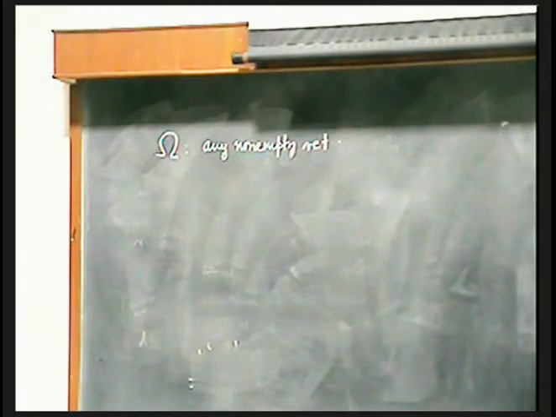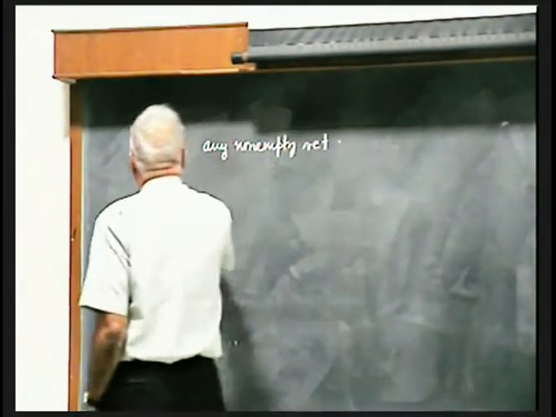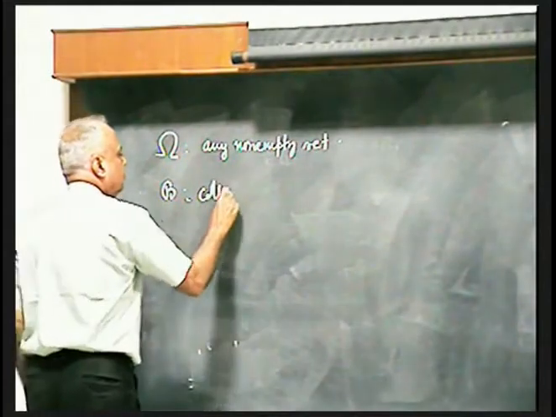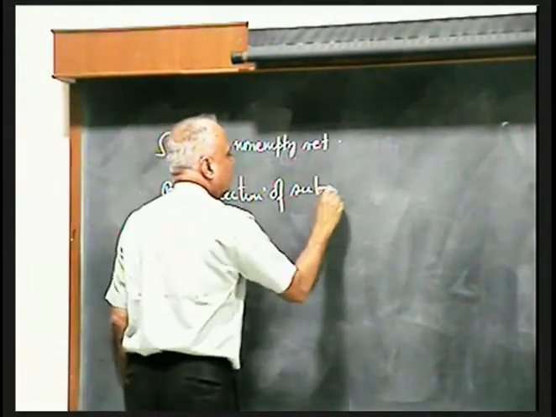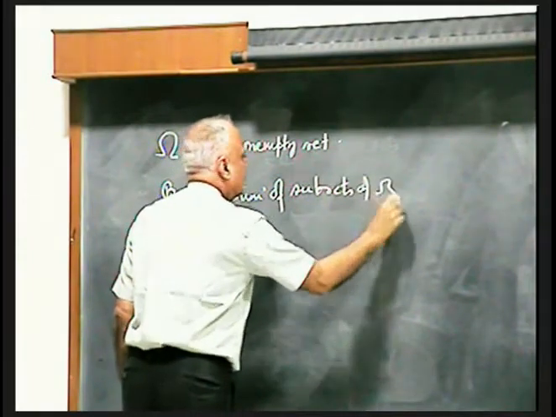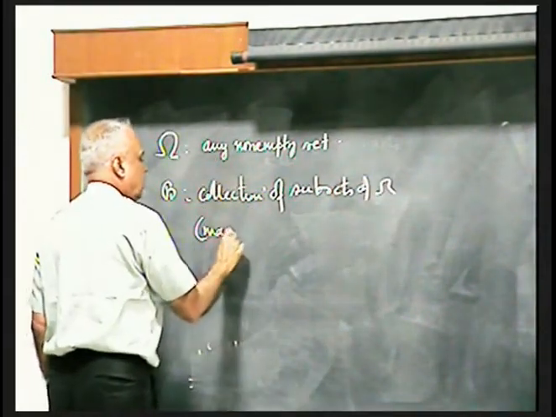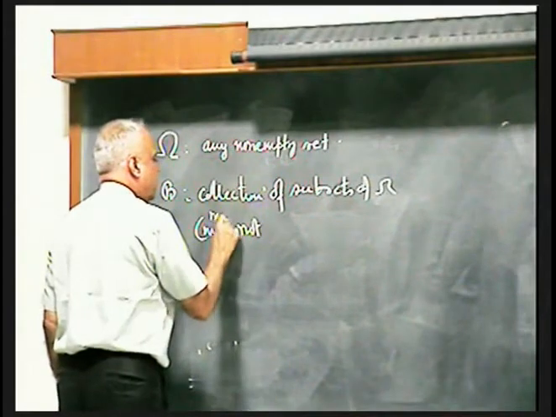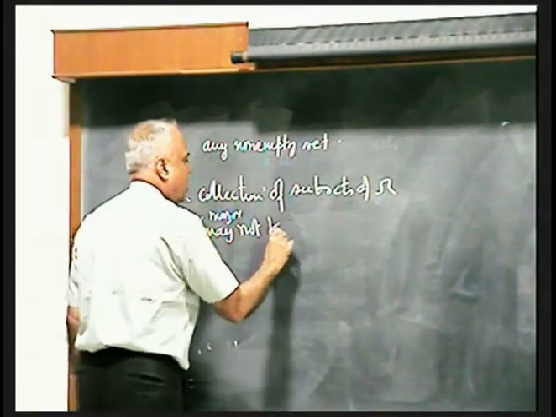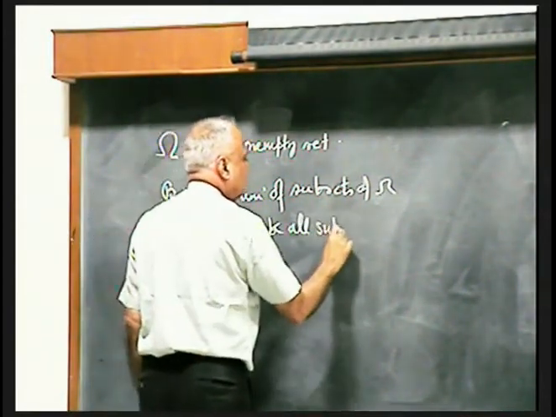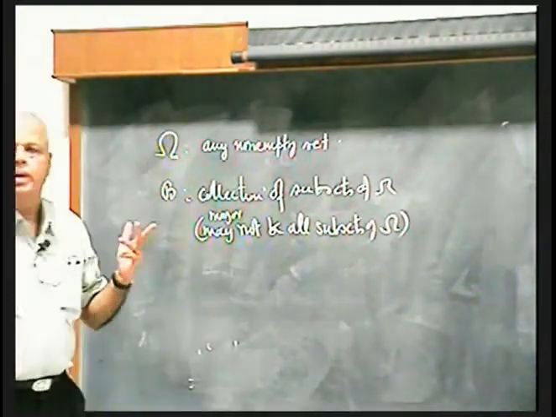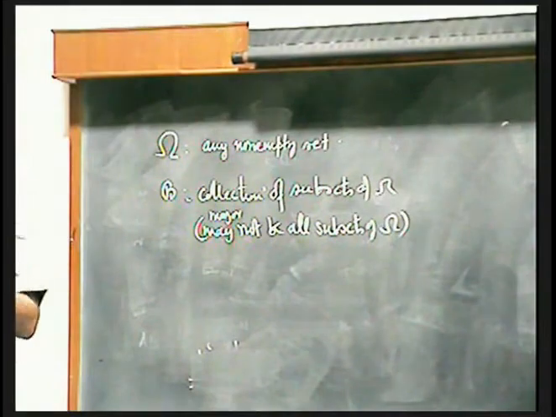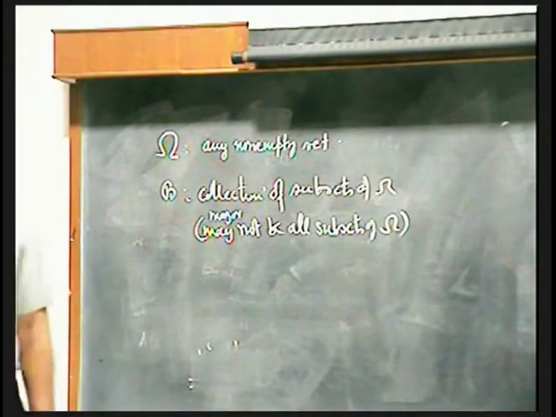So let us say B is a collection of subsets of omega. It may or may not be all subsets of omega. In other words, it may be 2 to the power of omega, or something smaller than 2 to the power of omega.